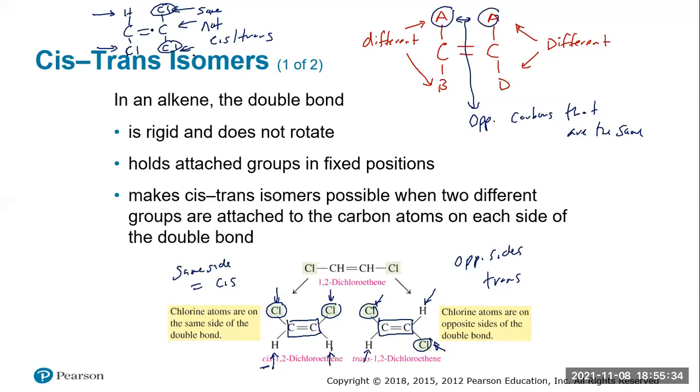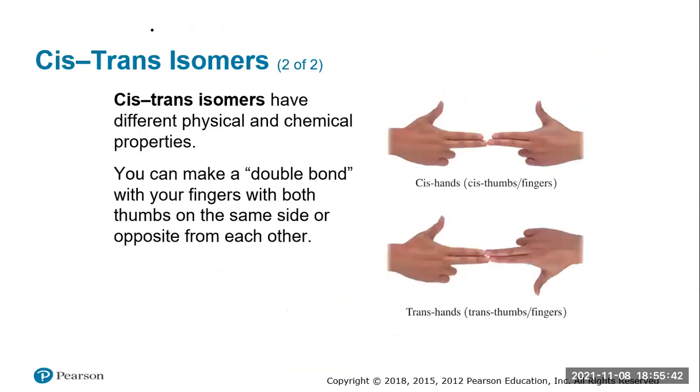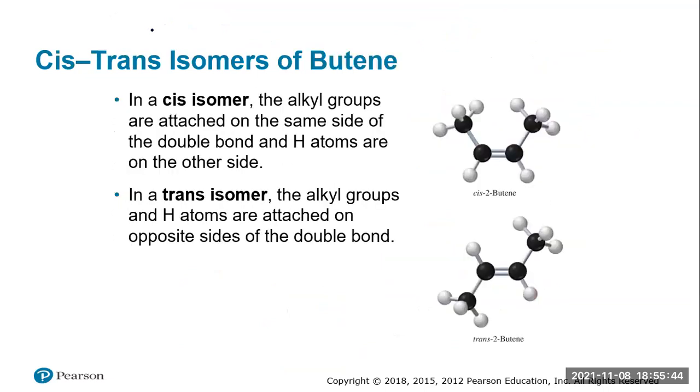Obviously, the cis and trans are isomers, which means just like before, they have the exact same molecular formula, but different connectivity in that case. All right, so in a cis or trans isomer on the same side, in this particular case, this is our double bond. This group and this group are different.